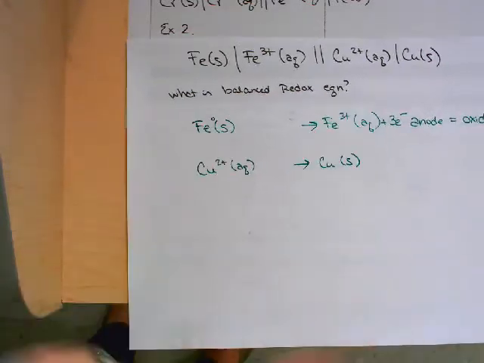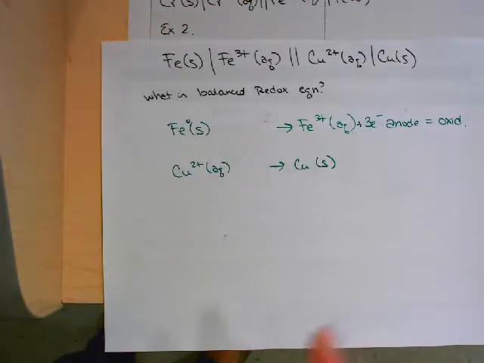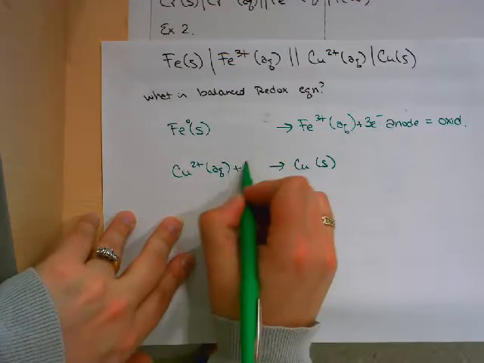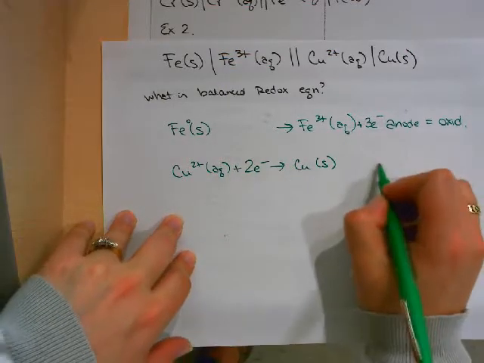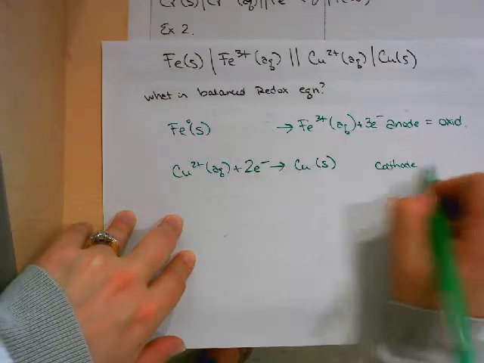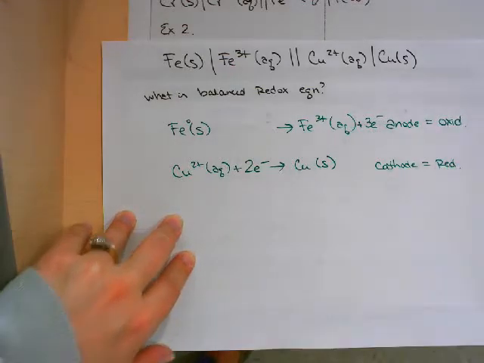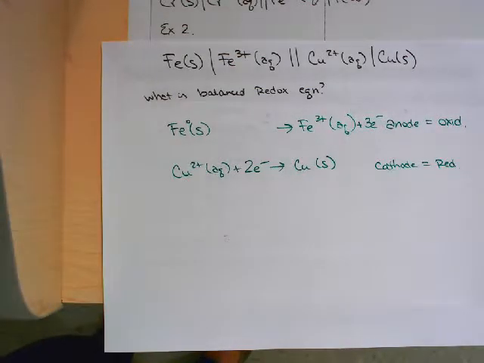How do I know if this is the reaction that occurs at the cathode? What's happening to my copper +2? Being reduced, right? So if it's being reduced, where do I put the electrons? On the reactants, and how many does it need? 2. Can I add these 2 equations together right this second? No. What do I need to do to my iron reaction?